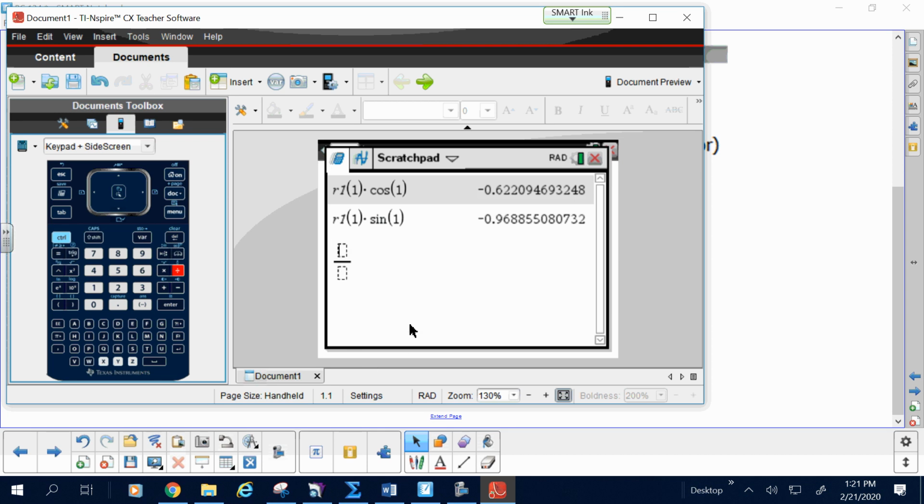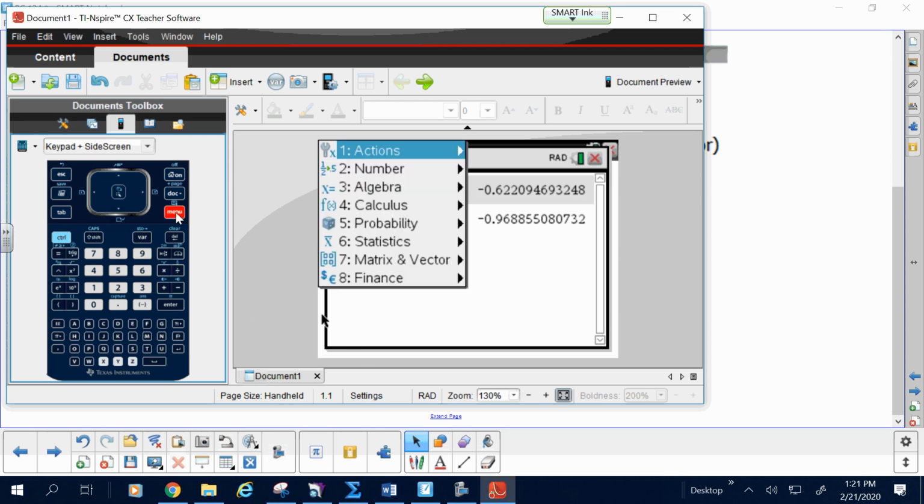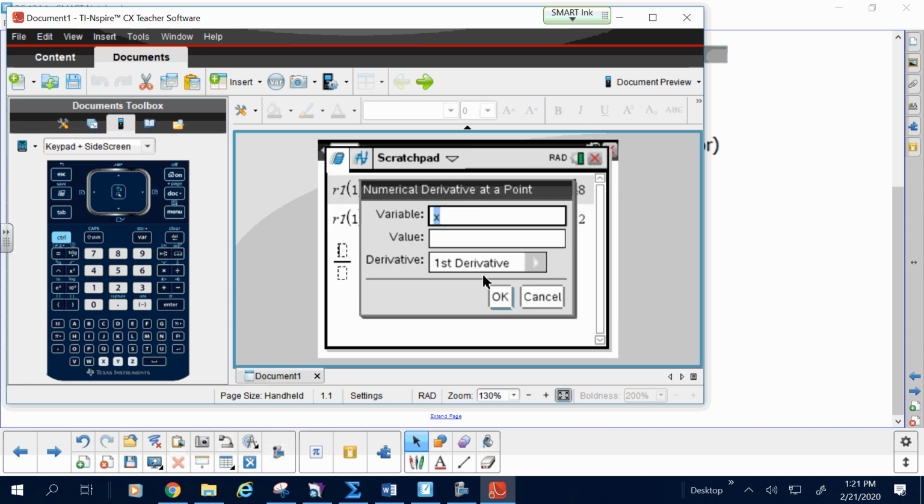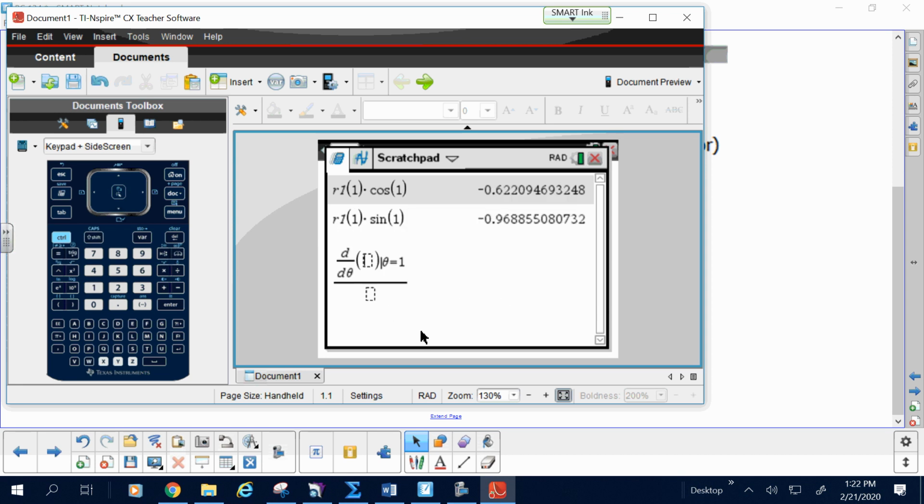Boom. Okay. Now in the top, I want a derivative in the calculus menu. I normally just jump to the first thing, but in this case, the variable is theta, so I need to change that to theta. At what value? 1. First derivative. And what am I going to take the derivative of? R sine, or R cosine?